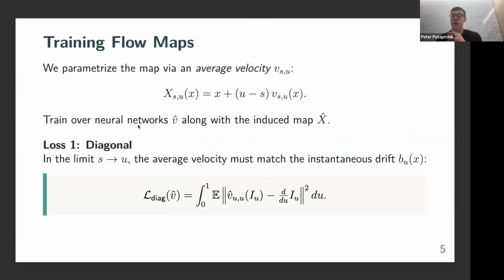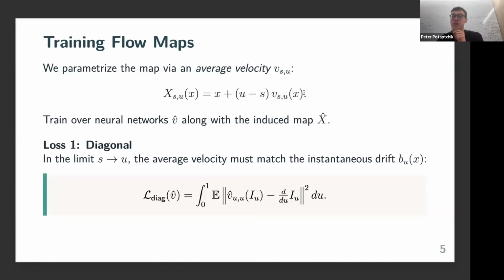So there are many different ways of training flow maps and consistency models. For our framework, we're a bit agnostic to how you train them, so I'm not going to go into too much detail, but I just want to give you a flavor for how many of the flow maps are being trained. Basically, we take our flow map and parameterize it in this residual form, where we start off with the identity function and add on a corrective residual factor.